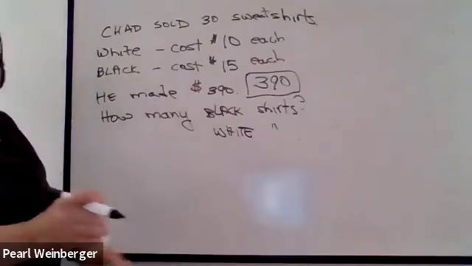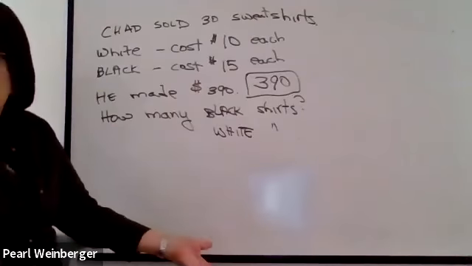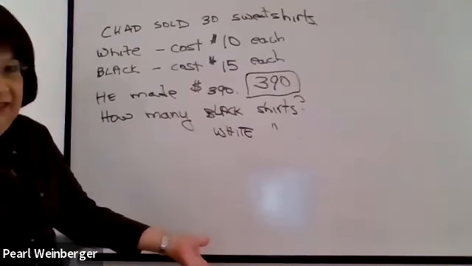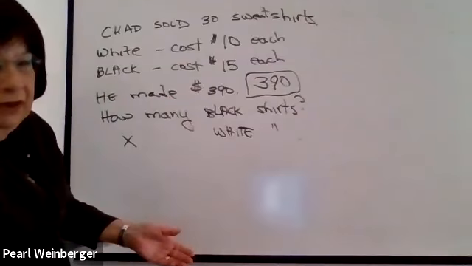Okay. So I did x plus y equals 30. What's X and what's Y? X is the white sweatshirts, and Y is the black sweatshirts. The total number of white and black sweatshirts equals 30.